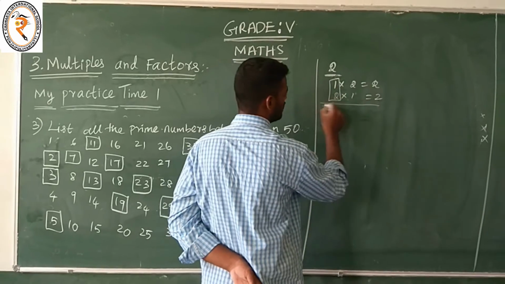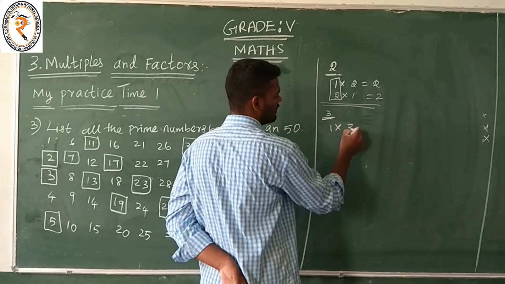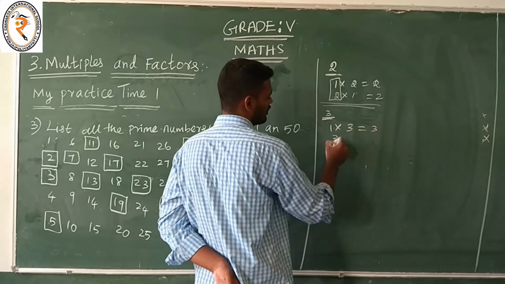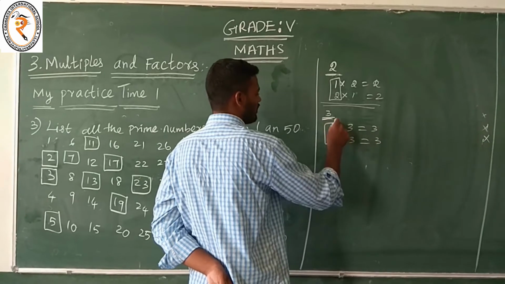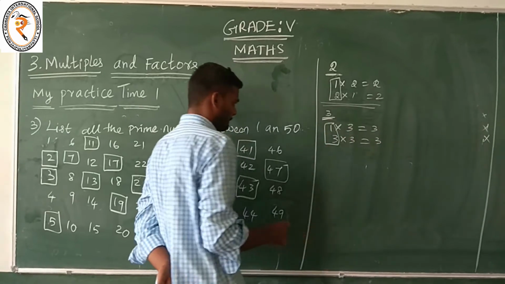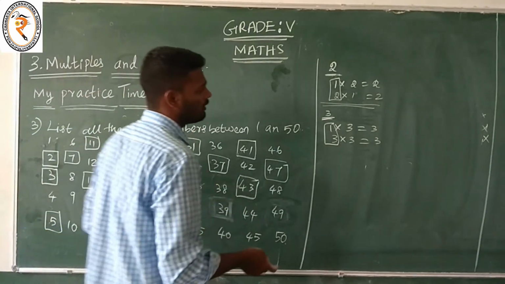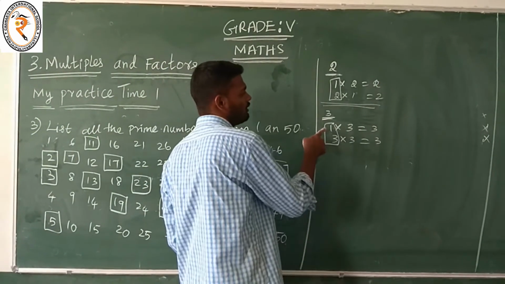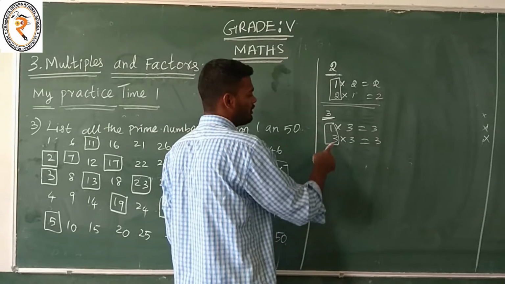Next, 3: 3 ones are 3 and 1 three is 3. It does not come in any other table, only in the first table and the third table.